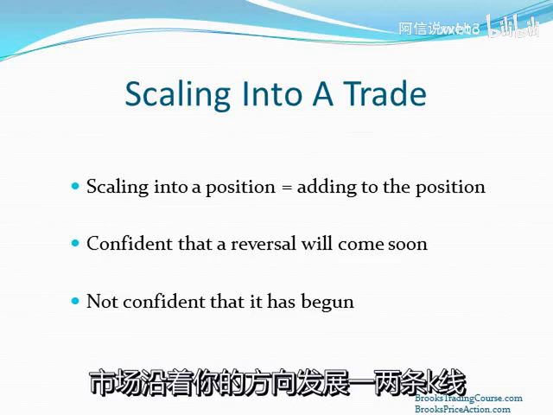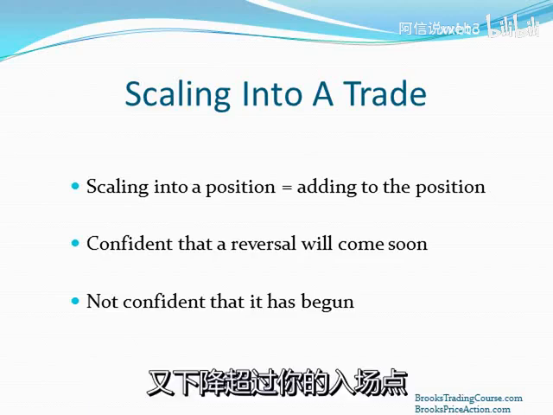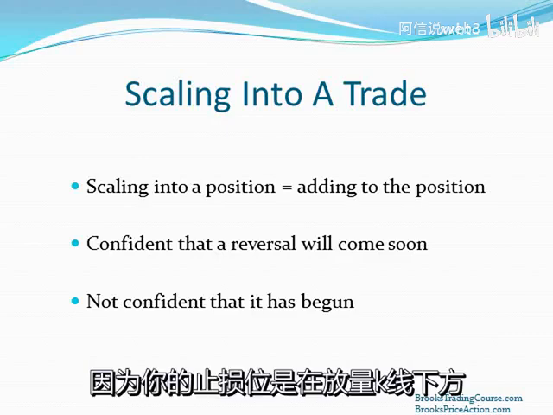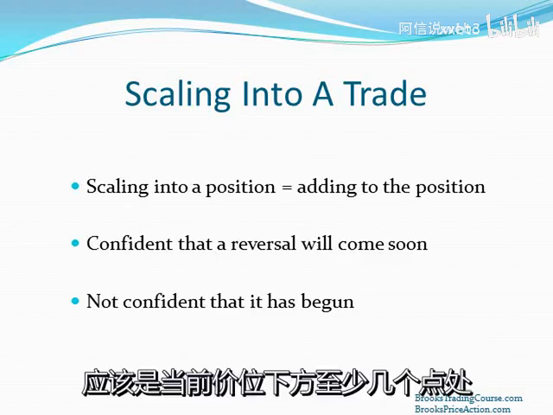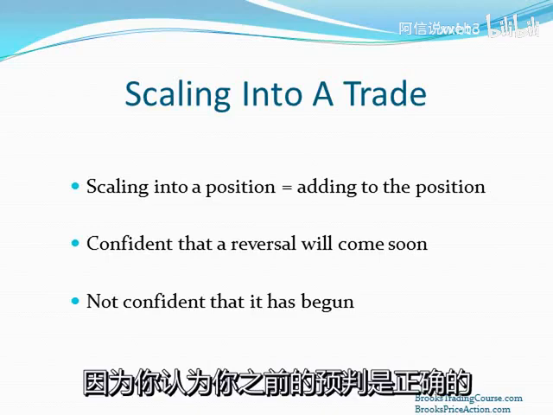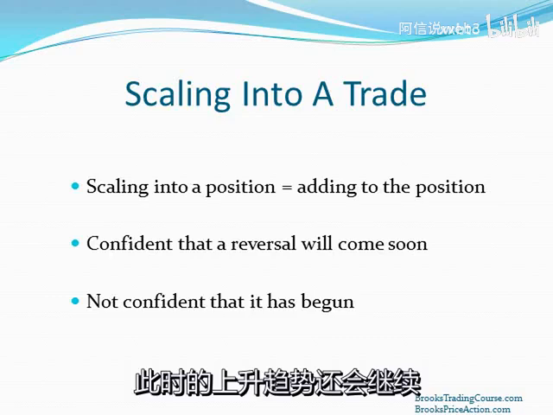The market goes your way for a bar or two and then drops below your entry price and below the low of your signal bar. Since your stop is below the bottom of the spike, probably several points below where you are now if you're trading in the E-mini, you're still holding long because you believe that your premise is correct, that the bull trend is intact.